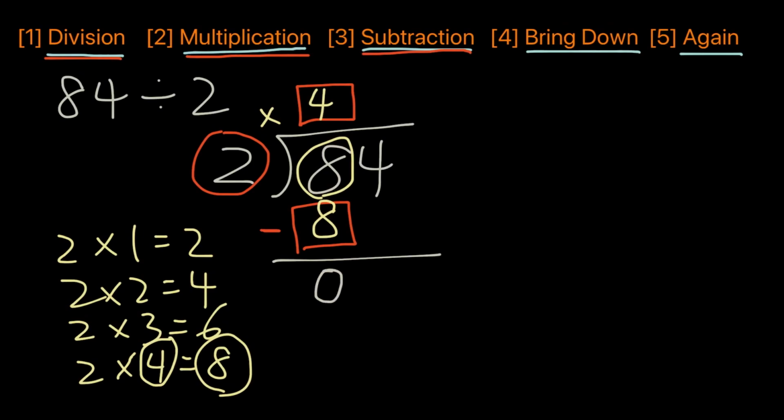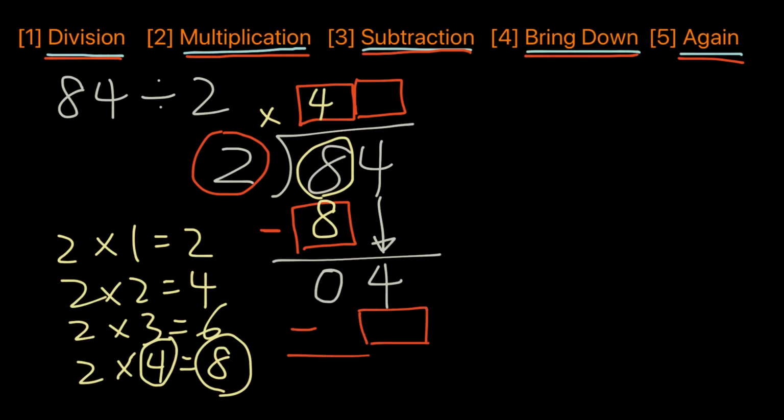Okay, now the next step will be to bring down the next number, 4 in this case. So now we gotta do that again, and we're going to find this number and find this number which we need to subtract by.